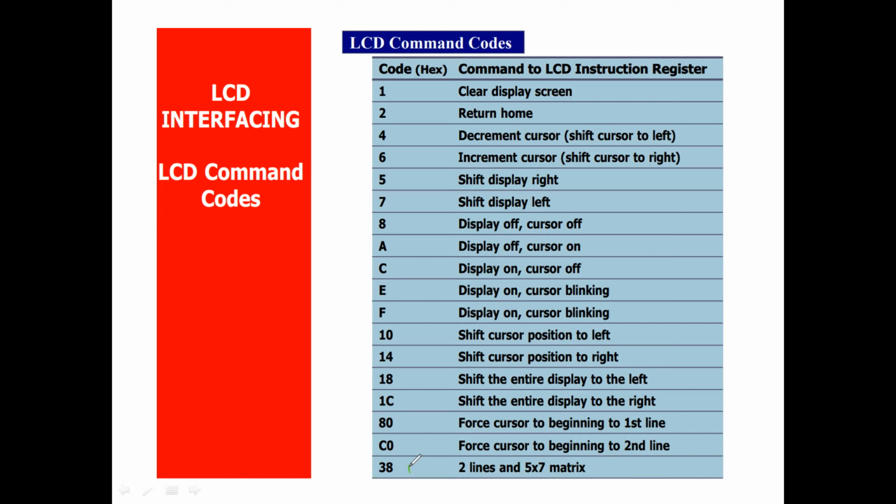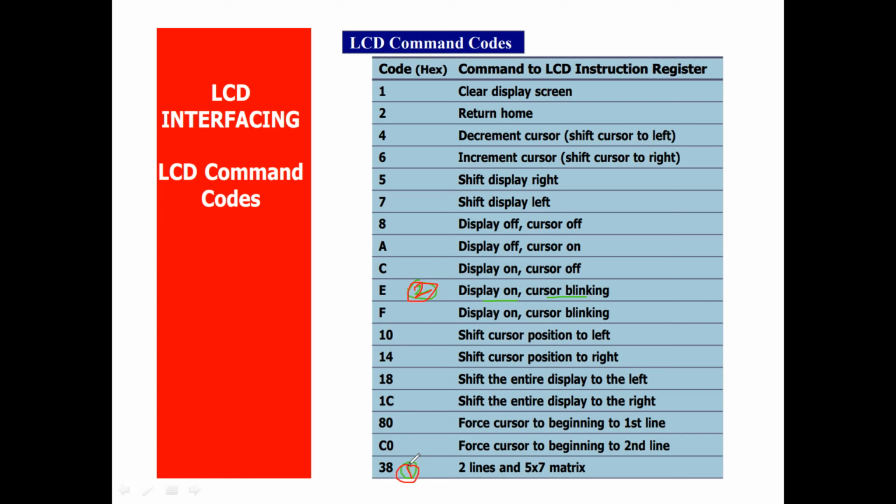Okay, first you should always select this, and then if you want to turn on the display and the cursor, you can select that. This can be your second option always. Always you have to command the LCD to turn on the display, so that only then you can see your characters.